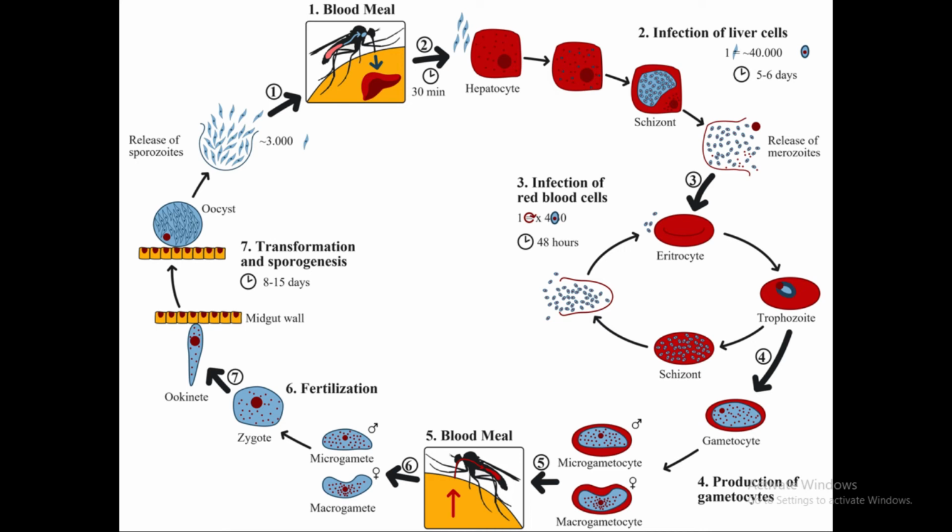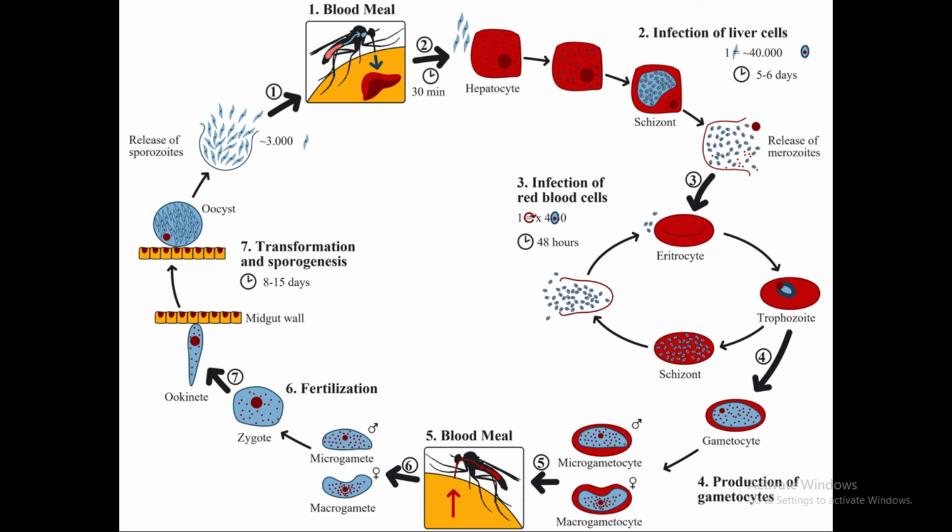This process is known as gametogenesis. You can see this here. In the midgut of the mosquito, male and female gametes fuse together and form a zygote. After maturation, the zygote becomes ookinetes, and after some time it converts into oocysts.